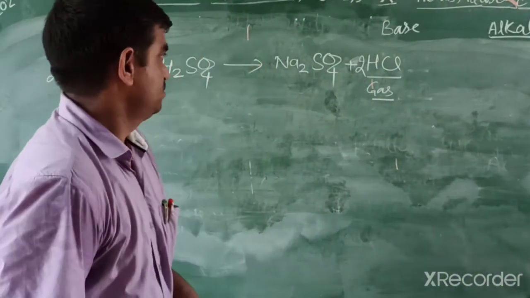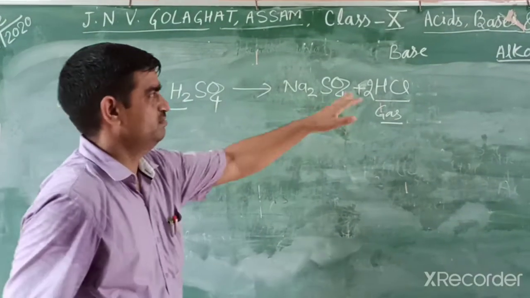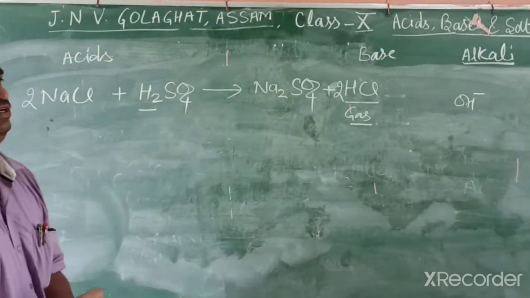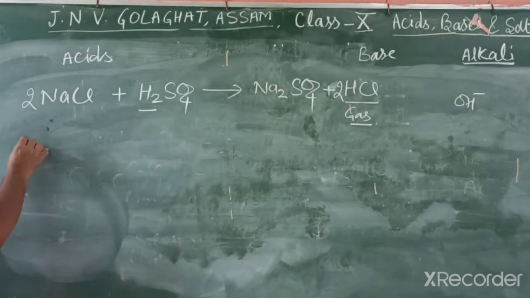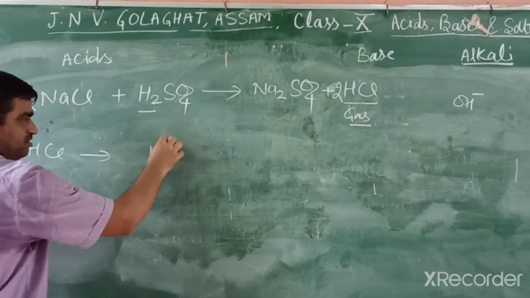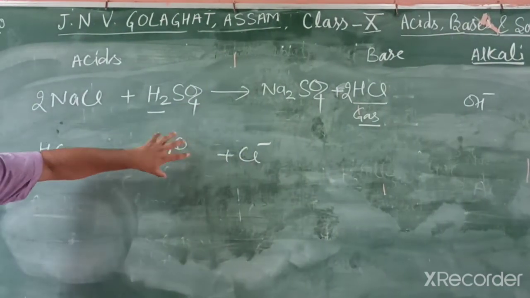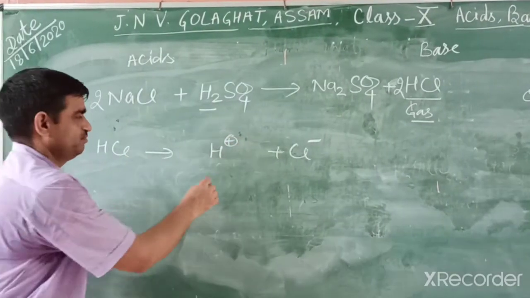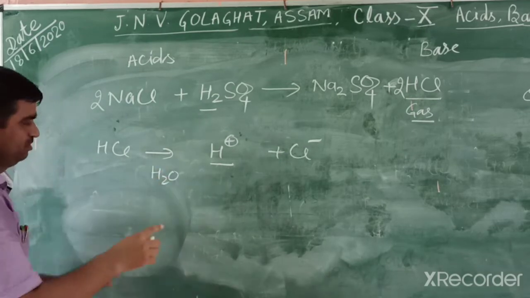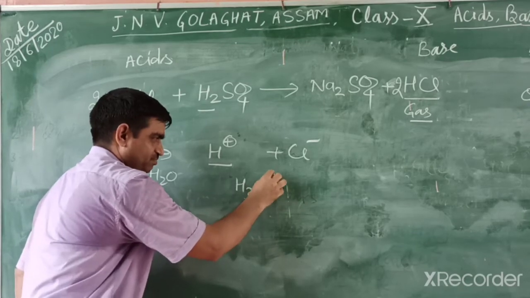In acids and bases, there are common ions. Acids have hydrogen ion and bases have OH ion. When we dissolve HCl in water, it provides hydrogen and chloride. But this hydrogen cannot remain as a single proton, because a single proton cannot exist. When mixed with water, it dissolves, and water and H plus we write as H3O plus.